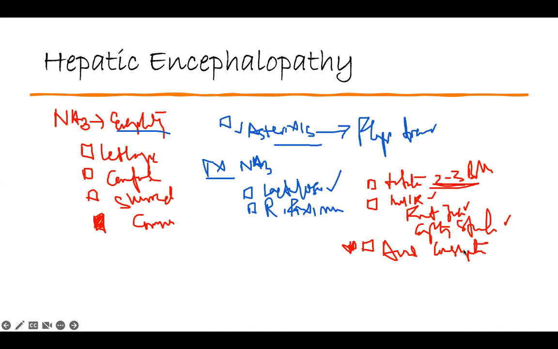Or if they have ileus, don't give them lactulose. That is a trick question. If they have any form of obstruction, bowel obstruction, ileus, or constipation, avoid lactulose in this patient.